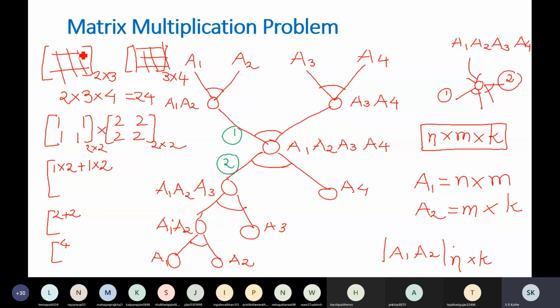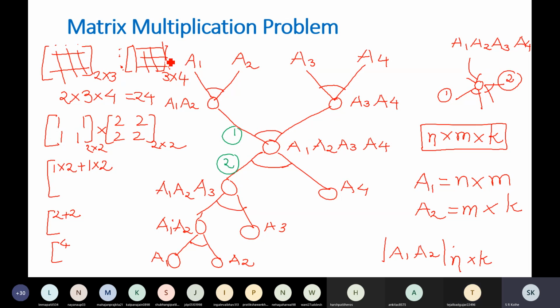In the first row there are 3 elements, and in the first column again 3 elements. So 3 multiplications will be there: the first with the first, second with second, third with third.